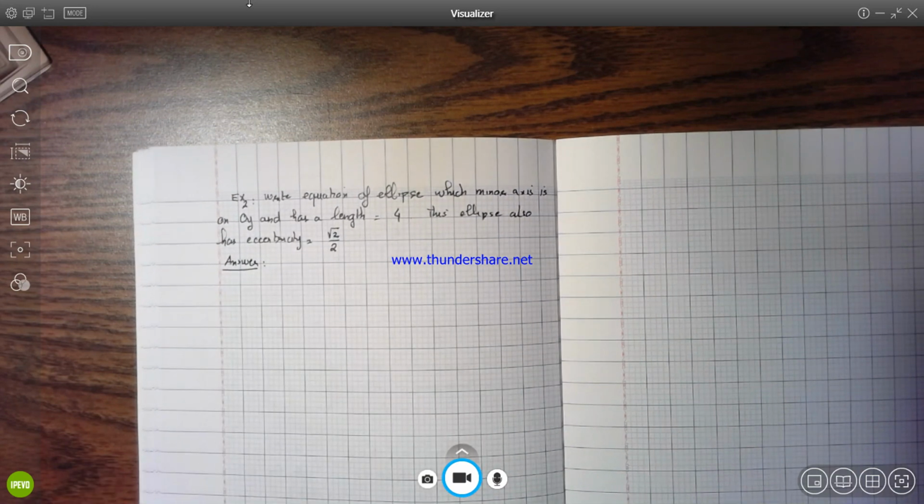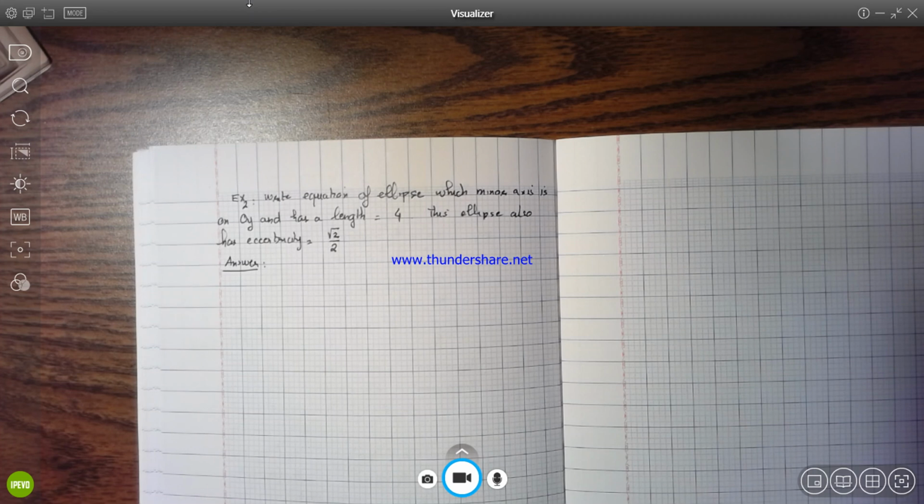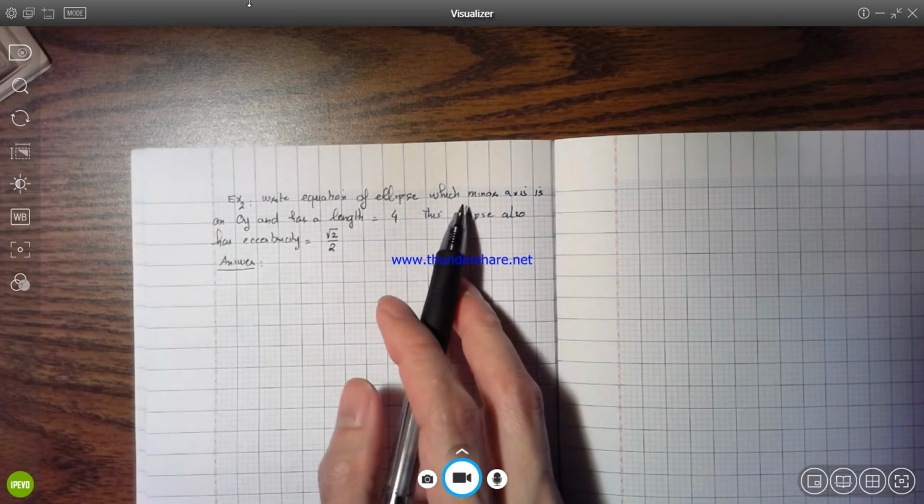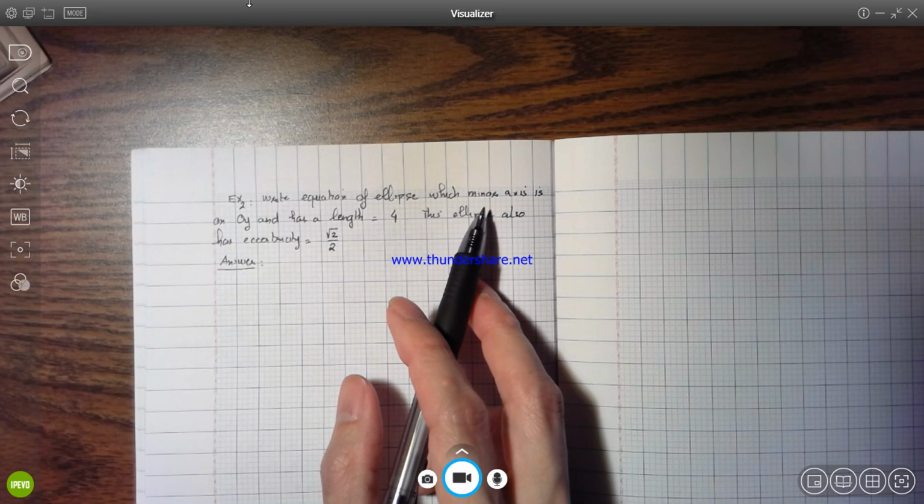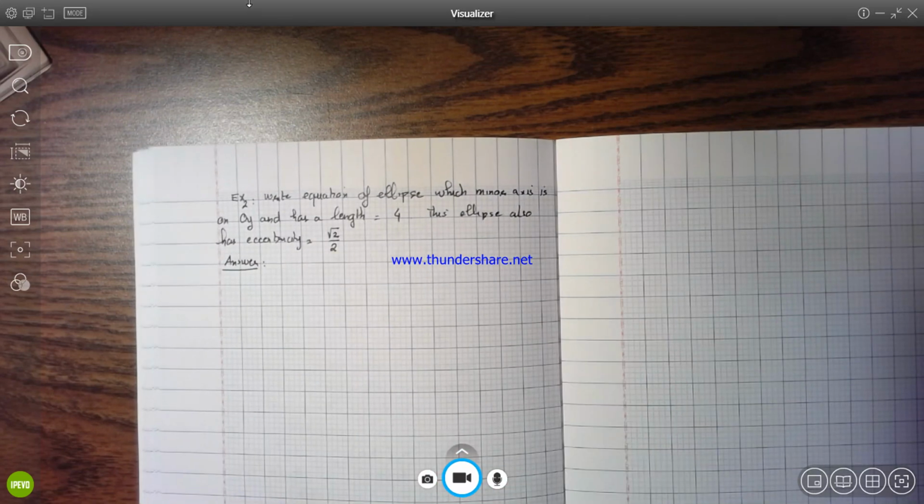When you read the information, you must recognize right away whether this is a vertical ellipse or a horizontal ellipse. Because right now we do horizontal ellipse, of course the example I give you must be a horizontal ellipse. Another piece of information they tell you is that the minor axis is on y and has a length equal to 4.